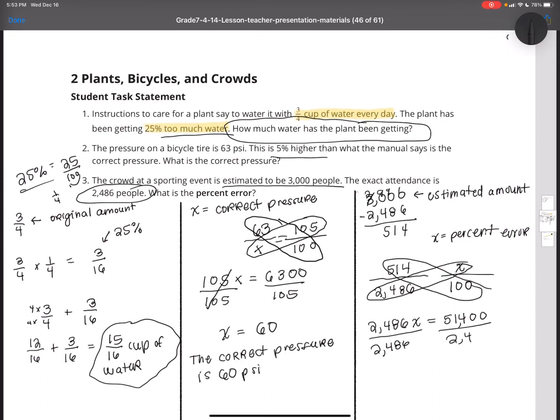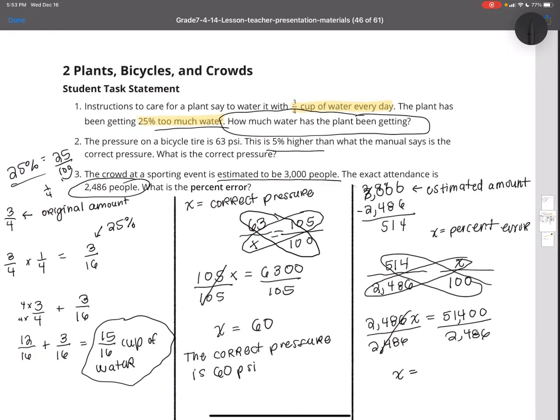And I'm going to divide both sides by 2,486. That cancels out. And X, and yes, I am using my calculator right now, so divided by 240. And what I get is 20.67557.